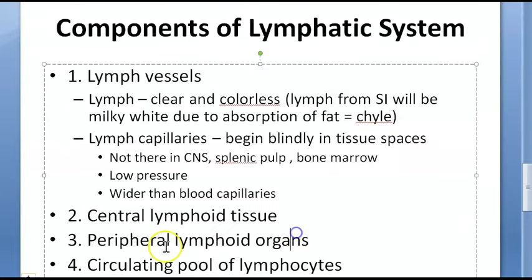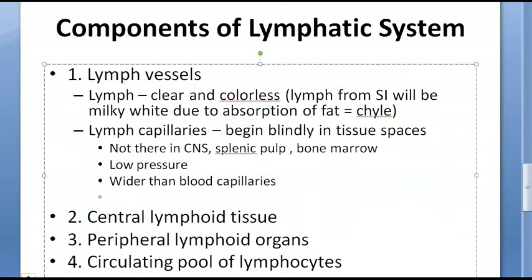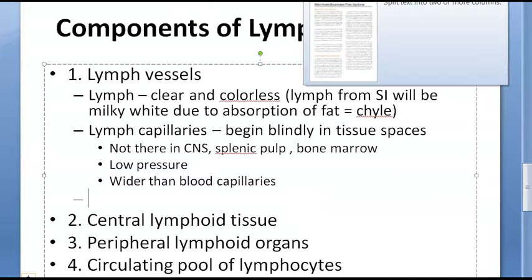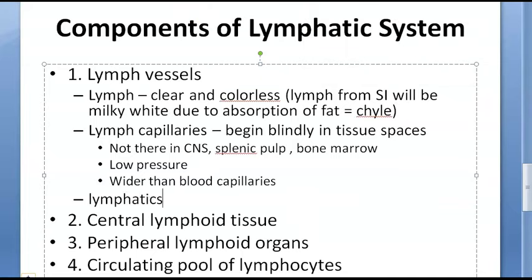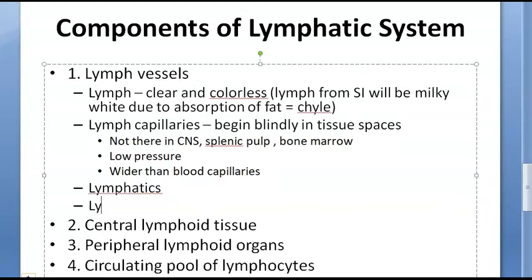Now let's move on. Now let us go to the next one. So the lymphatic capillaries will join to form lymphatics. So you have superficial and deep lymphatics. Then there are nodes, lymph nodes.